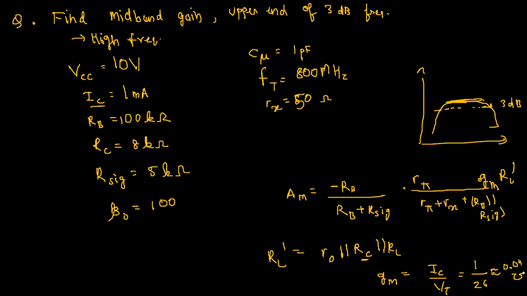Now that we found GM, we know that beta naught is equal to GM into R pi.